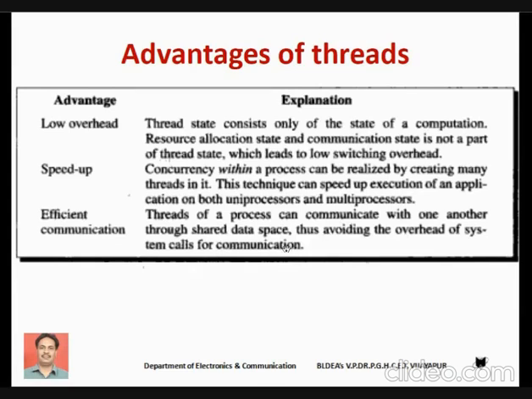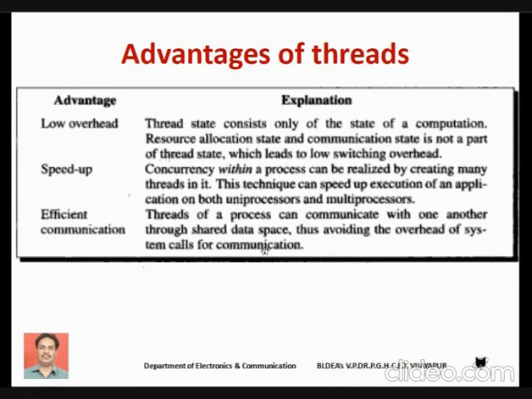It is very simple. Shared data space means we use some common buffer from where multiple threads can access the data values. So the advantage is that threads need not use any system calls. They can have faster, or efficient, communication.